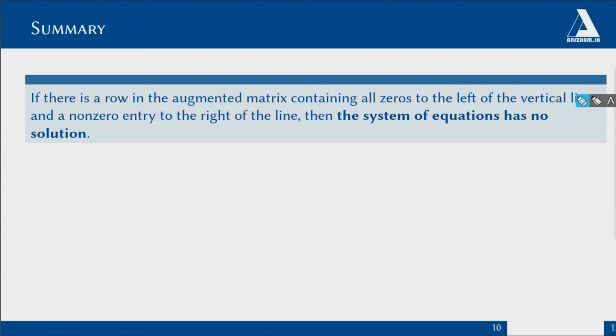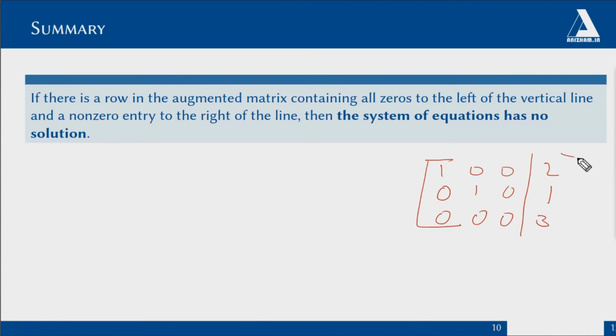That is, suppose in our augmented matrix it is something like this, say 1, 0, 0, 2, and 0, 1, 0, 1, and here it is 0, 0, 0, and some positive value, say 3. So in that case, this system of equations will have no solution.